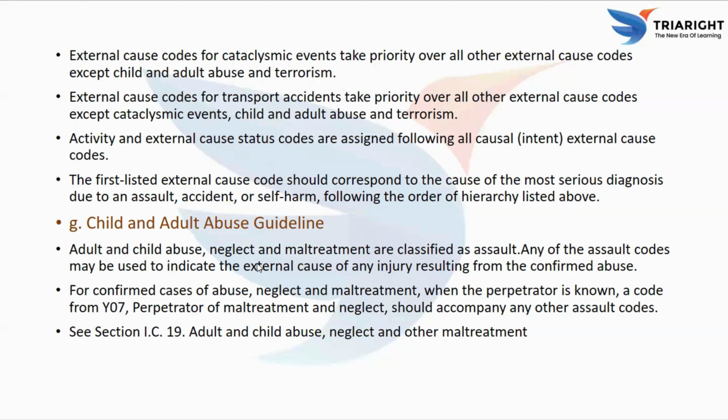First, external cause codes: you have to use assault external cause codes to describe how the injury occurred. Second, perpetrator codes, Y07: you have to assign a Y07 code to identify the perpetrator, used in addition to the assault external cause codes. Examples of perpetrators are parent, spouse or partner, caregiver, acquaintance and stranger. You use Y07 only when the perpetrator is known and the abuse is confirmed.